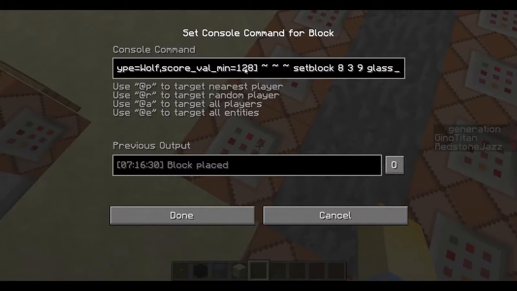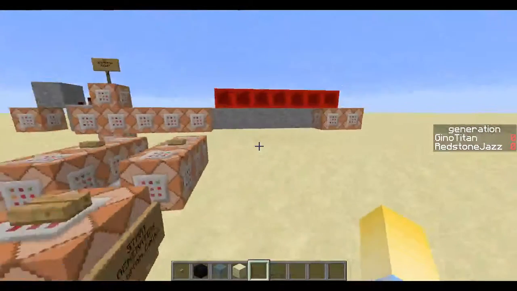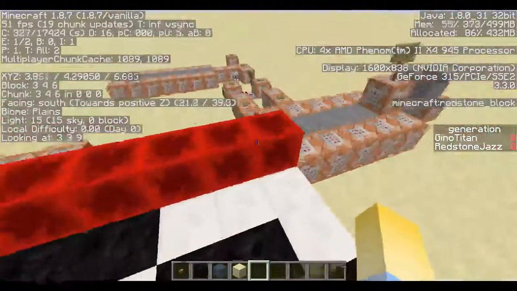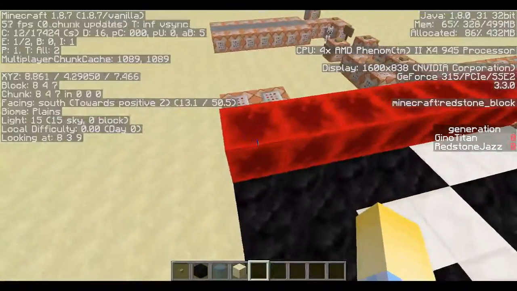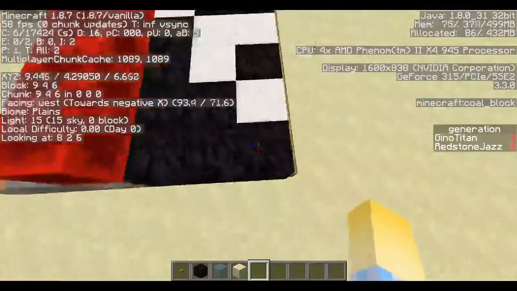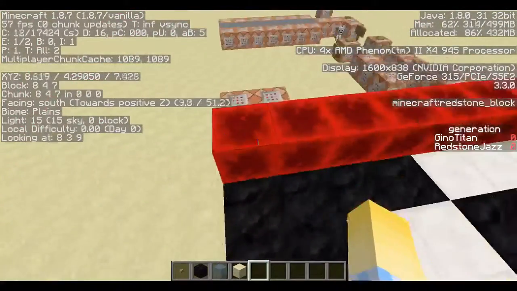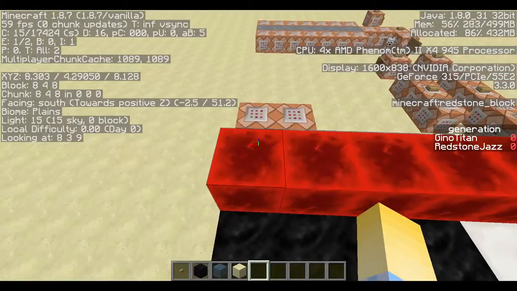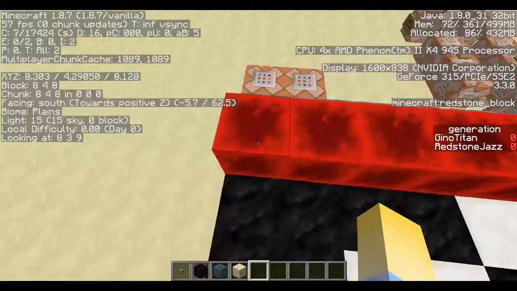So this is checking if the wolf has at least 128, and then it's going to set a specific block of glass. In this case, I believe it is this one. So that's 111. So if it does have at least 128 on its data score, then this block will be set to glass.